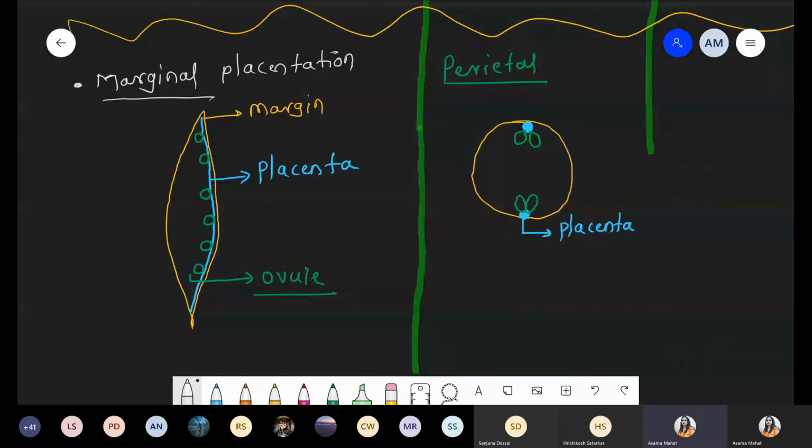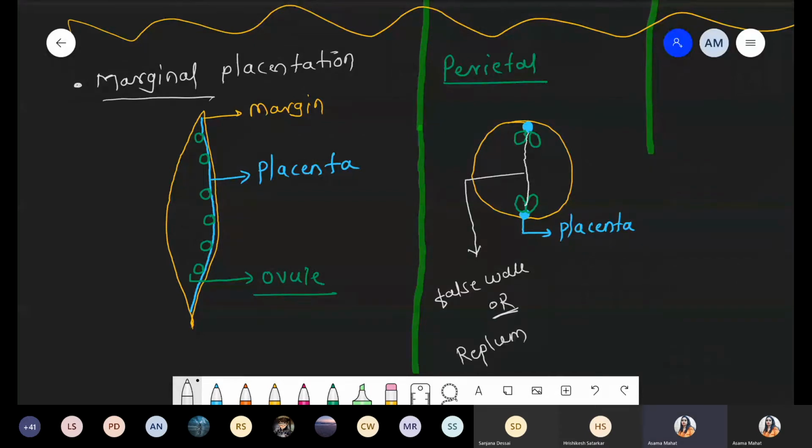So between one placenta and another placenta, there is a formation of a wall. And now this white color, which is present between two placenta, is called false wall. And that false wall is also called replum.